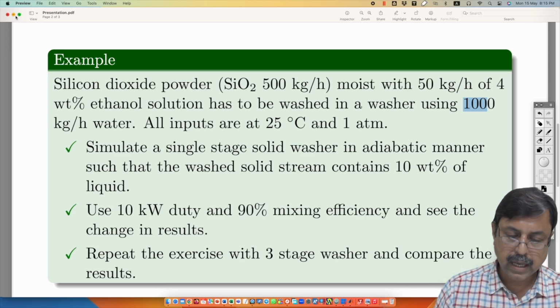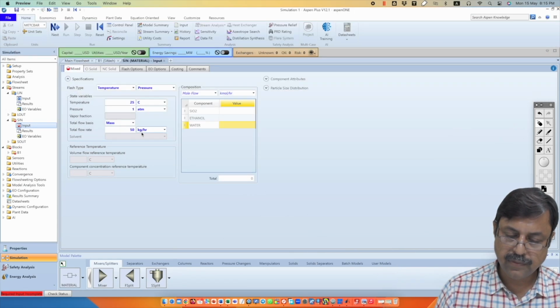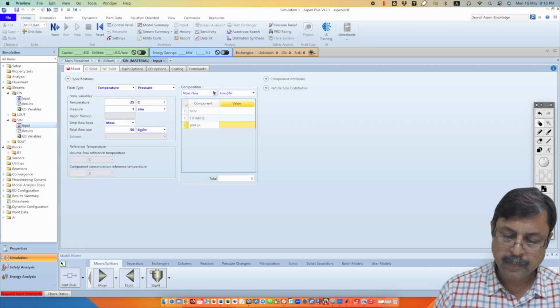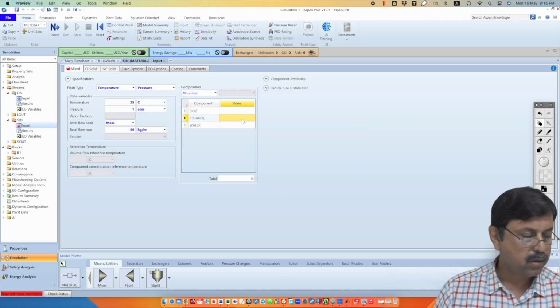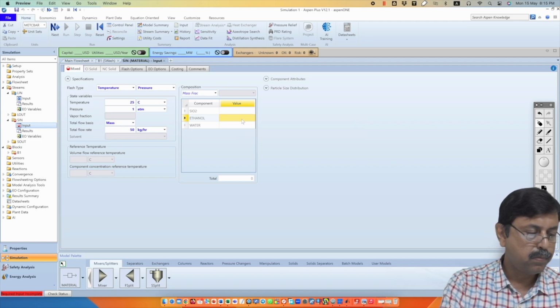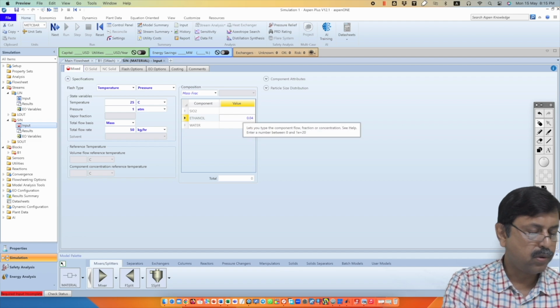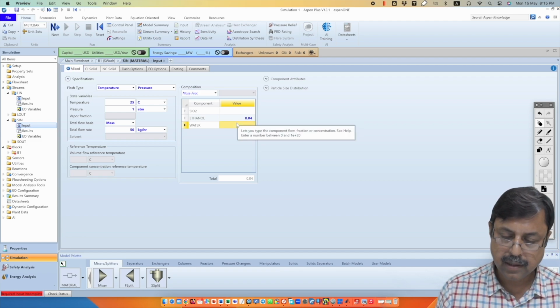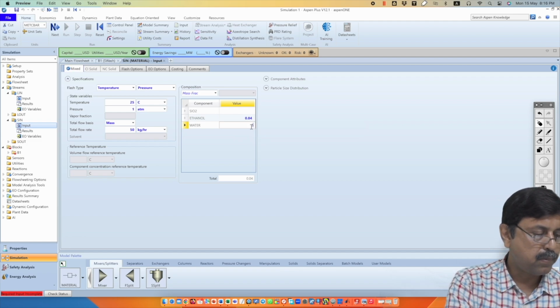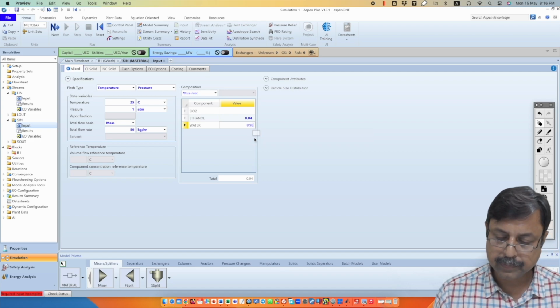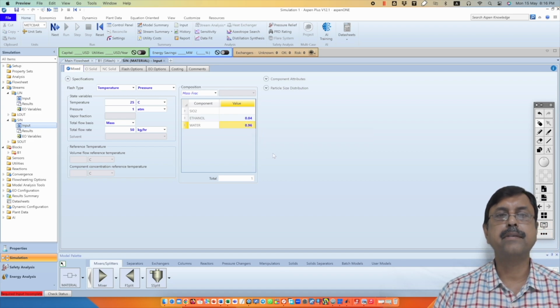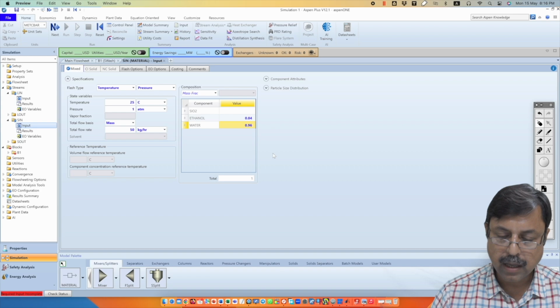So we have a solution of 50 kg per hour in which the mass fraction of ethanol is 0.04, that is 4%, and water will be 0.96, that is 96%. In total it will be 100%.